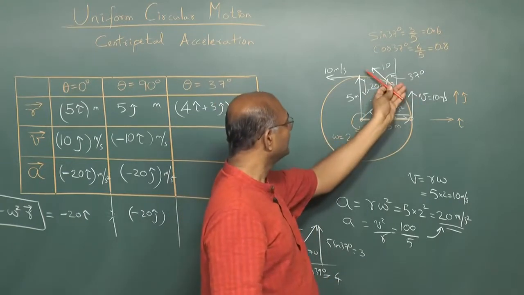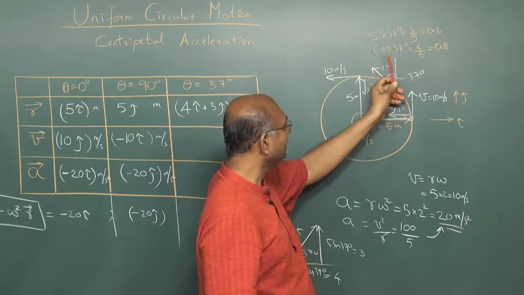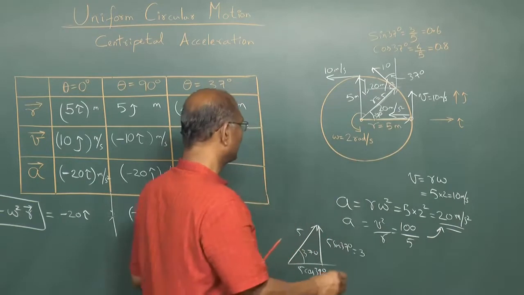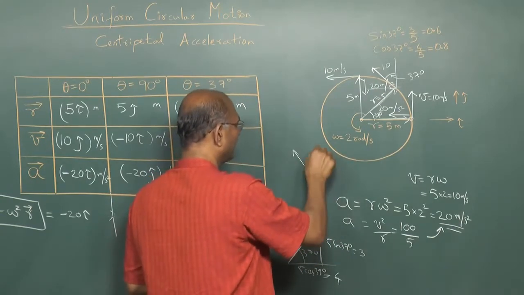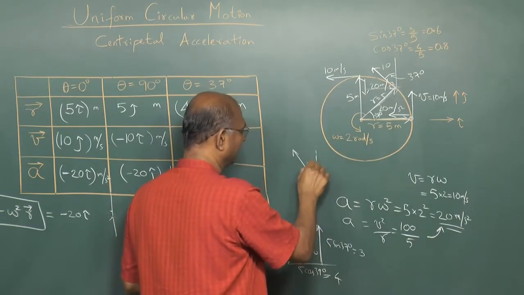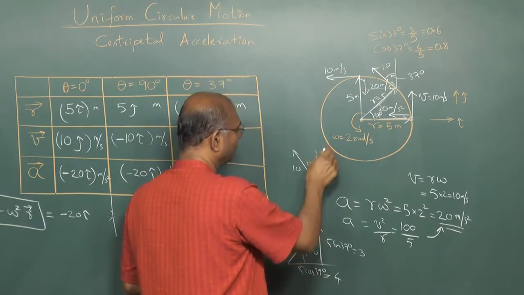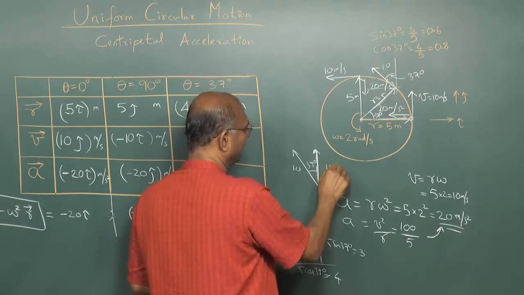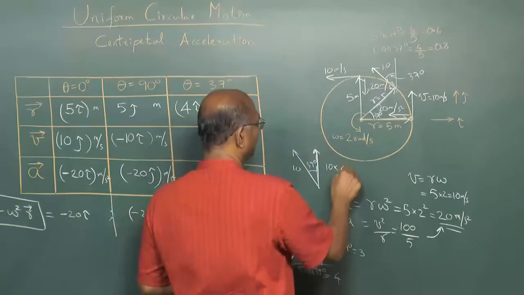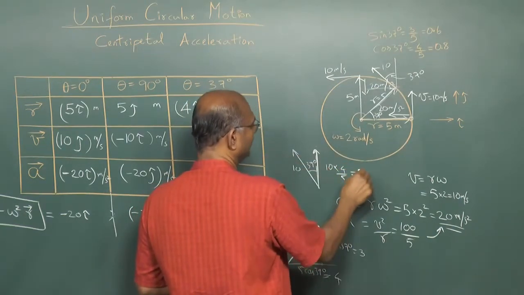Okay. So if this is 37, that means 10 cos 37 is the vertical direction. Let me show that here. This is the vertical, this is 37, 10. So 10 cos 37, 10 into cos 37 is 4 by 5, so that is 8.